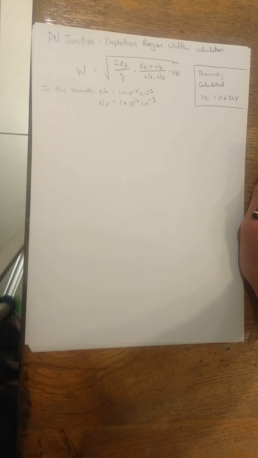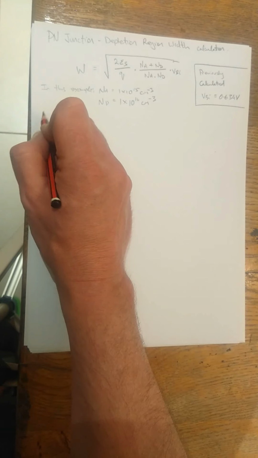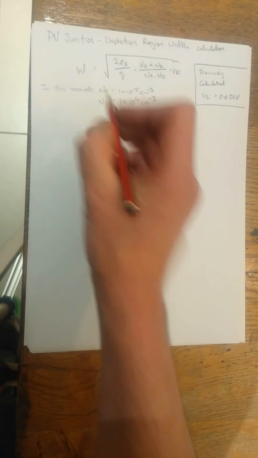Seldom will you see the permittivity directly given for a material. It's generally given as the relative permittivity, so it's related back to the permittivity of free space, or the permittivity of a vacuum, which is a constant value. This can cause a little confusion for people, but I feel it's not as complicated as people think.